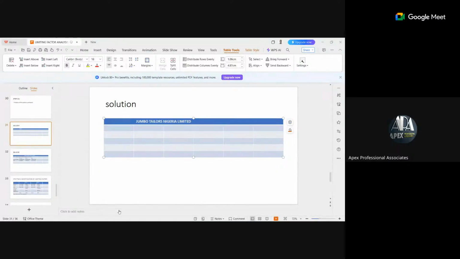So we have Jimbo Tailors Nigeria Limited. Now, this step one. Let me present this way. Step one. Calculate number of units demand for each product.